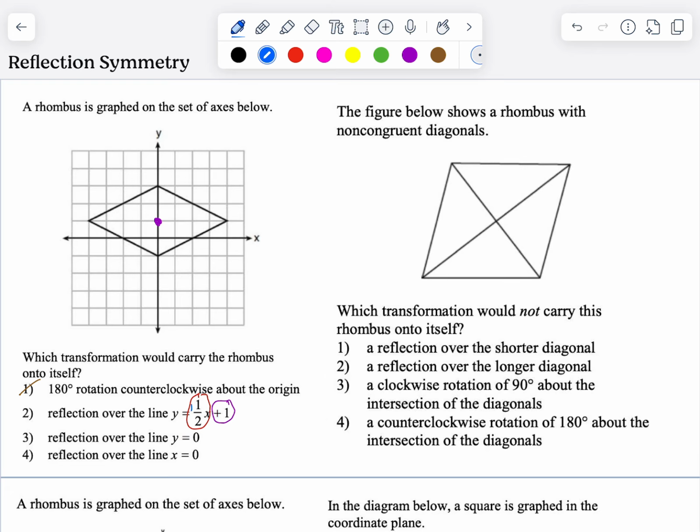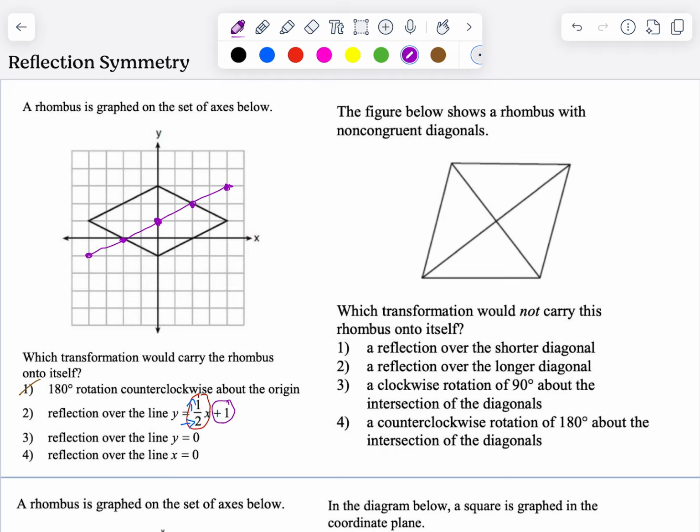So the 1 tells us that we're going to move up 1, and the 2 tells us that we're going to move right 2, rise over run, up and down, over left and right. So I'm going to start at the y-intercept, and I'm going to go up 1 over 2, up 1 over 2. And then to get points in the other direction, I can do the reverse. Down 1, left 2, down 1, left 2. And let's check it out.